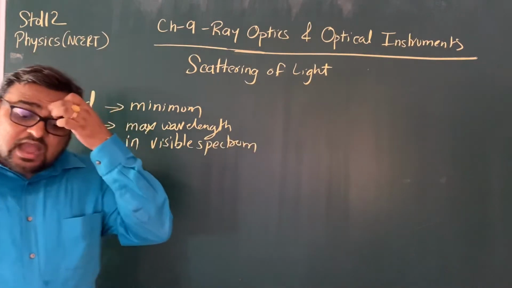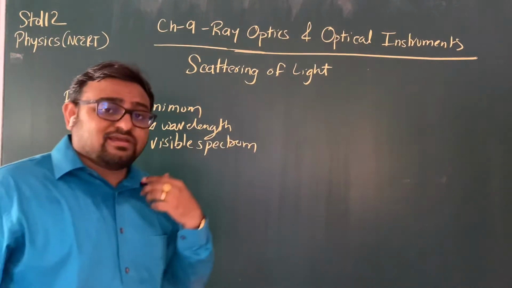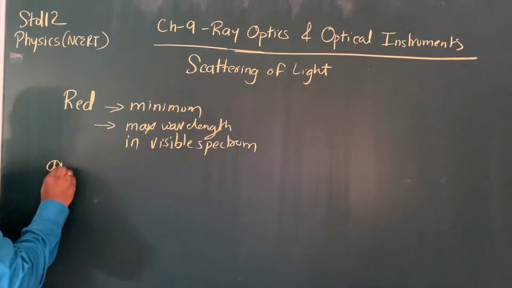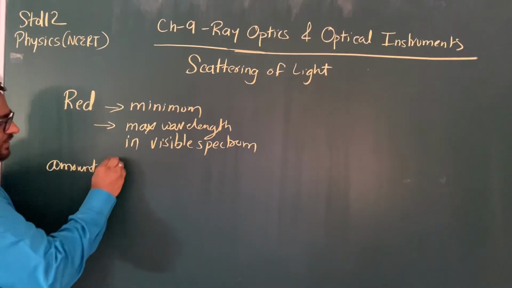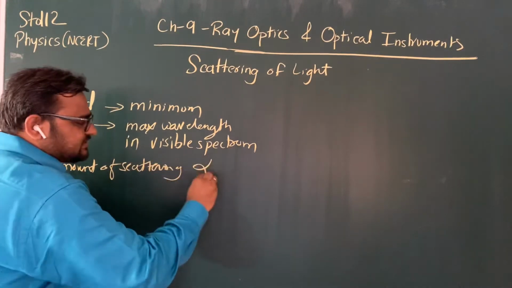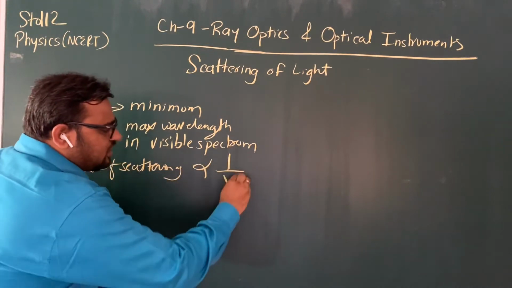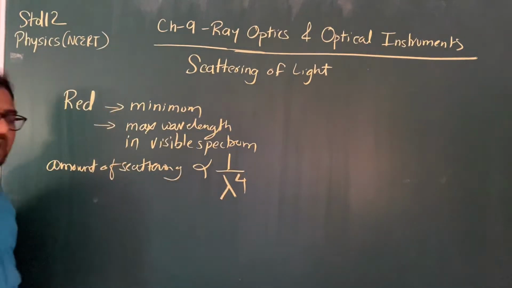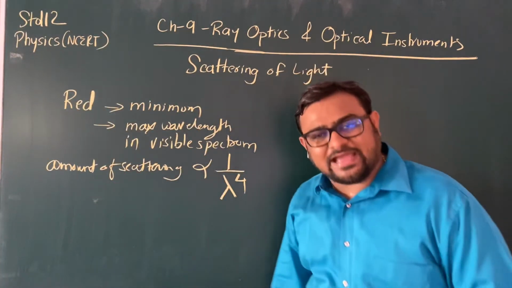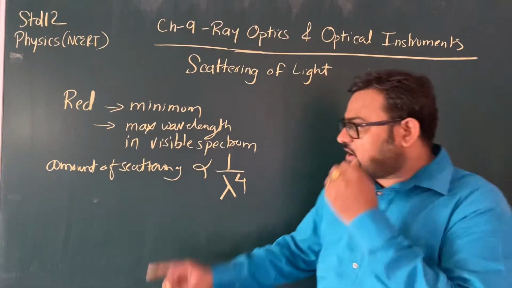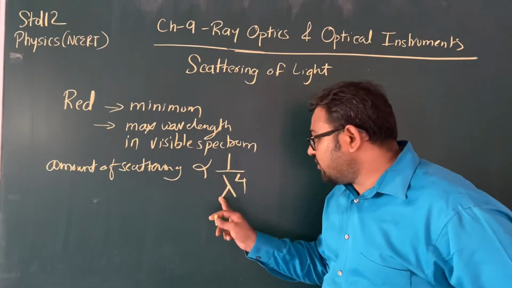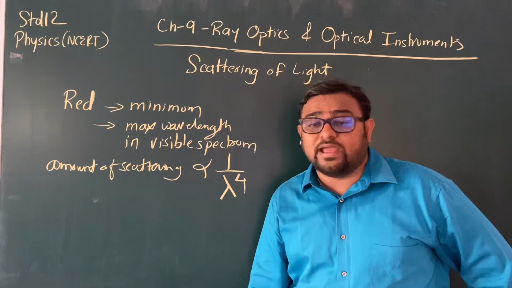Okay, so higher the wavelength, lesser the scattering. The amount of scattering is inversely proportional to the fourth power of its wavelength. Right? The amount of scattering is inversely proportional to the fourth power of its wavelength.